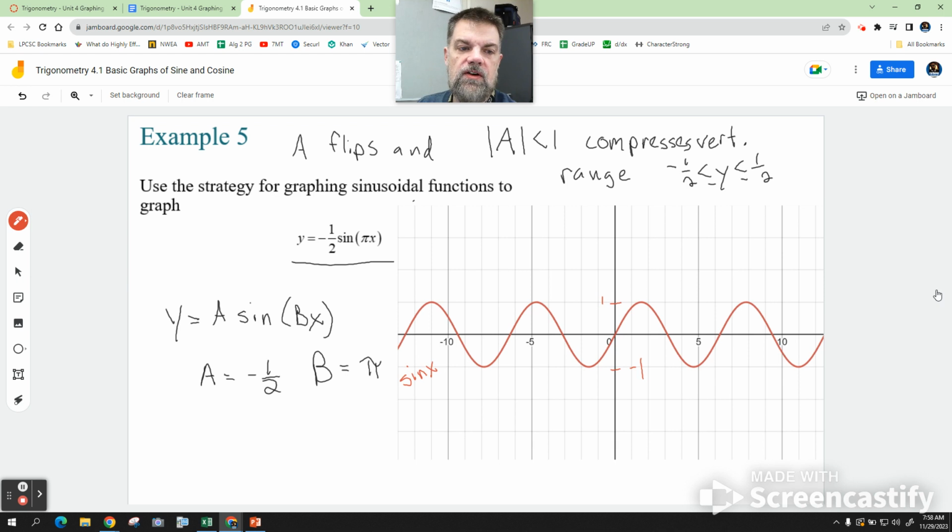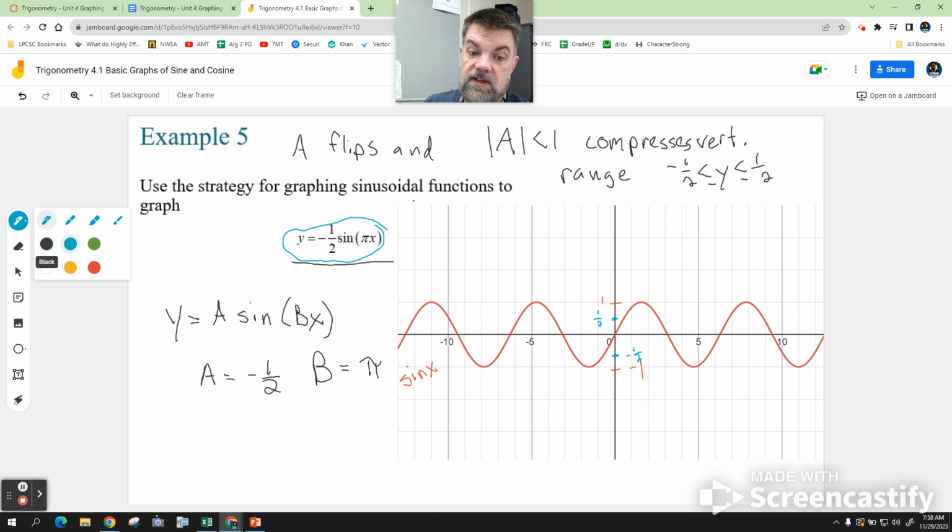But now for our new graph, y equals negative 1/2 sine of this, it's going to go from positive 1/2 to a negative 1/2. Okay? Now B has an impact on the period.